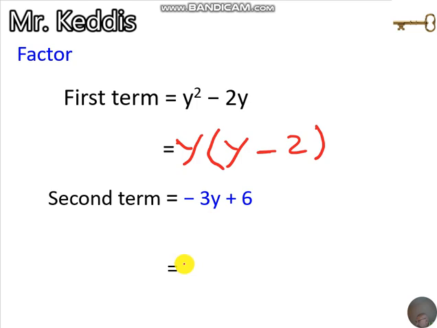To factor the second term here, negative 3 times y, I get negative 3y. Negative times what gives positive? Negative times negative gives positive, and 3 times 2, you get 6.